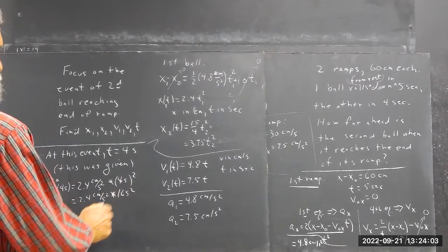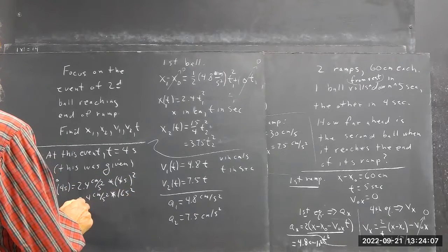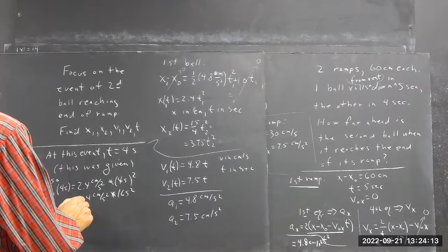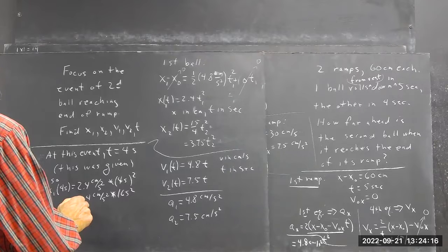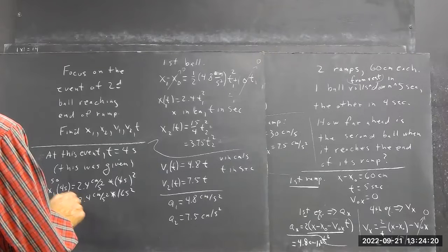For 4 seconds, we get 16 seconds squared. And 16 times 2.4.